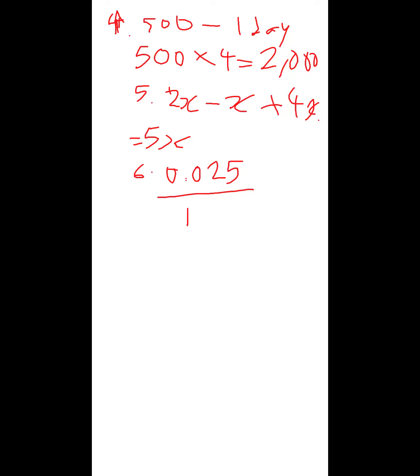I'll put a 1 directly under it. Then all the other numbers that are under it, I'm going to put 0. So the first 0 is going to come under 0, the second 0 under 2, and the third 0 under 5. That leaves me with 25 over 1,000.